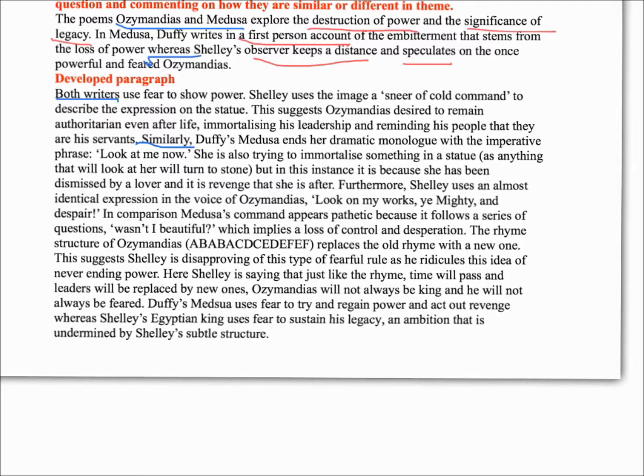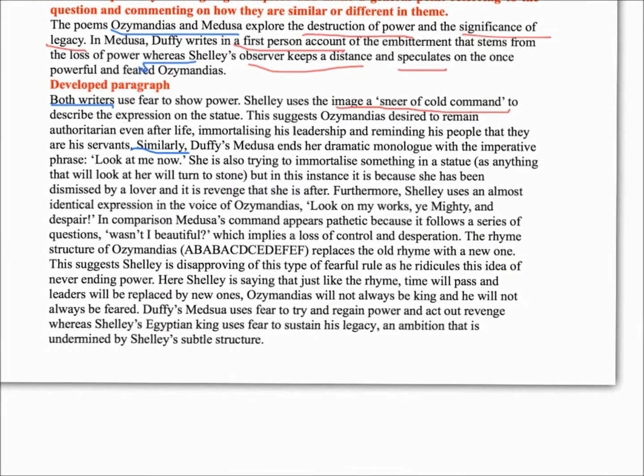So Shelley uses the image here, a sneer of cold command. Straight away, we're referencing the poem, and we're talking about language because it's talking about imagery here. So far, we've got our points, we've got our quotation, our evidence, okay?